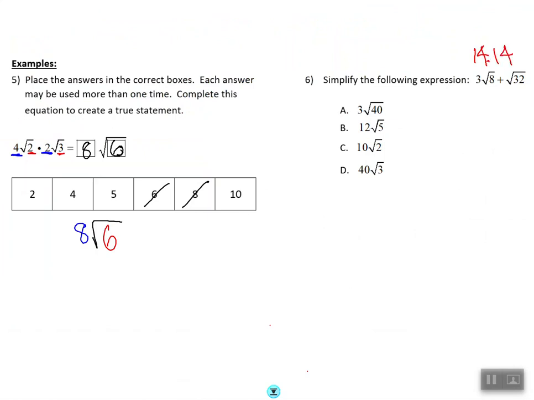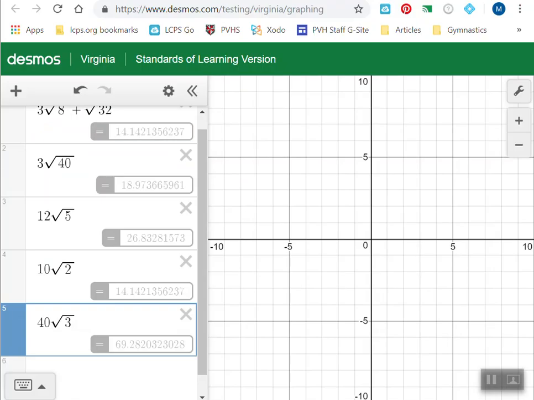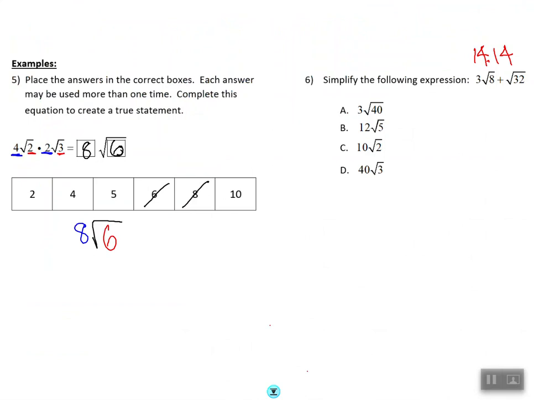Then we type in each of the answer choices and see which decimal matches. So if I look at my 4 answer choices, I'm going to jot down my decimals. I have 18.97, 26.83, 14.14, and 69.28. The decimal that matches my original problem is answer choice C. So that is our correct answer.